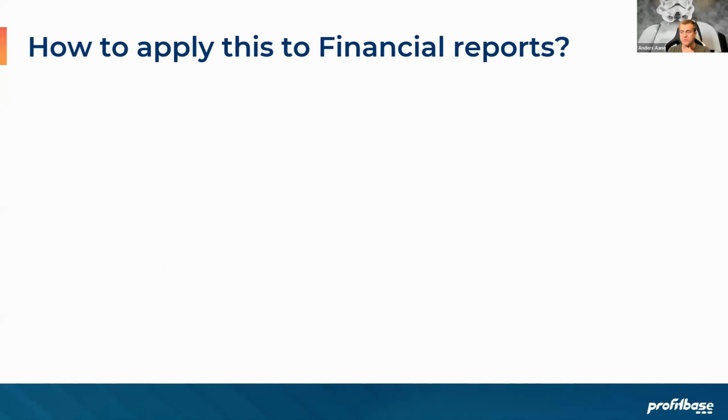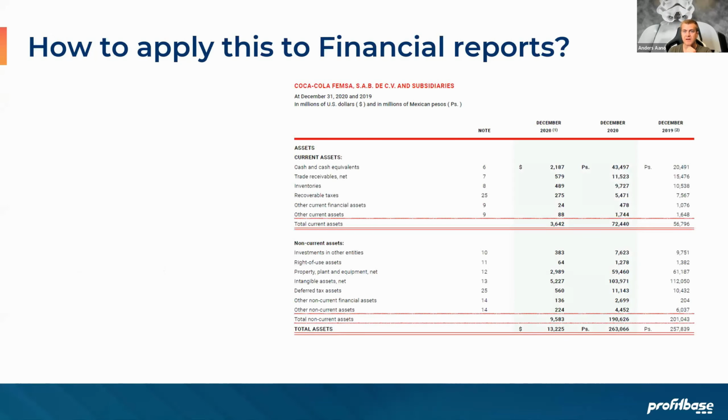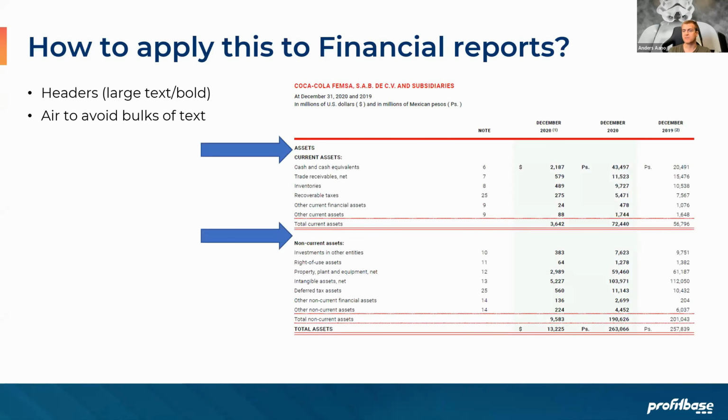So how does this apply to financial reports? Well, this is something I found Googling financial balance sheet Coca-Cola. And this is the first half of their balance sheet showing their assets. Now, this contains part of what we're looking for. It contains headers, which are bolded out to create some space. They've added some blank rows to avoid big bulks of text.